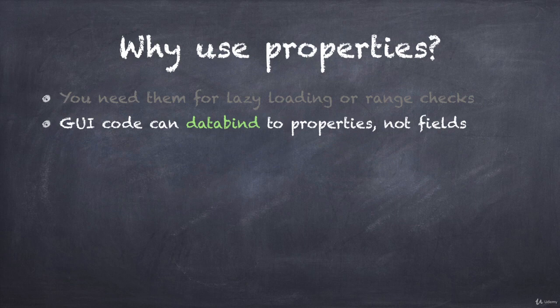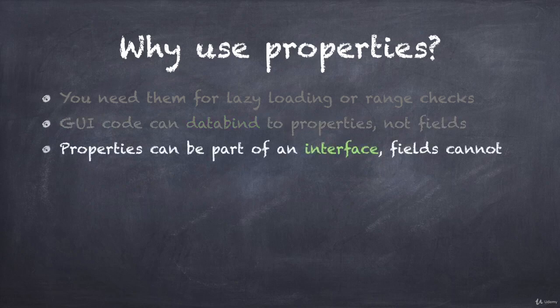And if you're developing GUI code, you will discover that declarative data binding only works on properties and not on fields. If you start out with a field and later discover you need to data bind the field with a user interface control, then you will have to refactor your code to get it working.